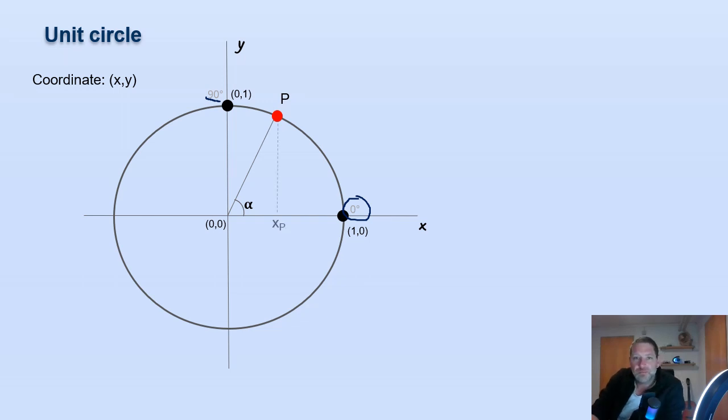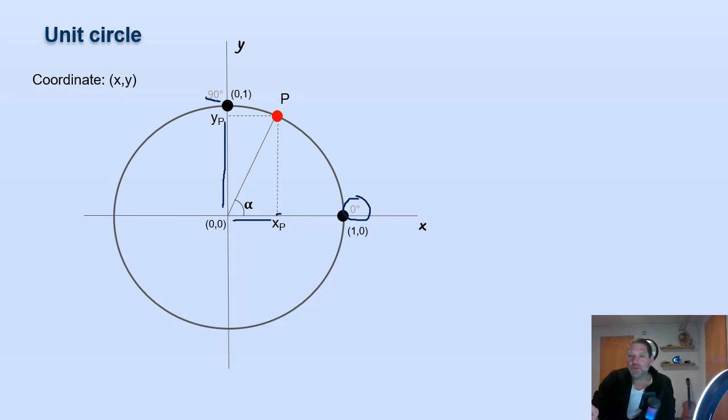So we need to walk a distance which we don't know exactly at this point, but the distance I will call for the moment the x of P. And then once we end up here at this point, we need to go in the y direction, which is this distance all the way up to y.